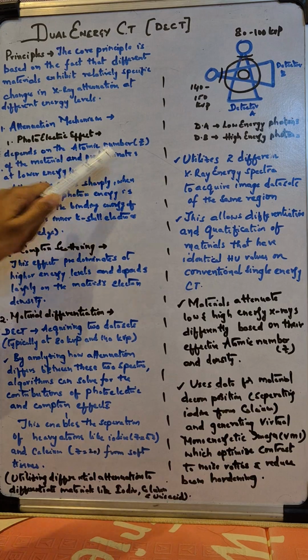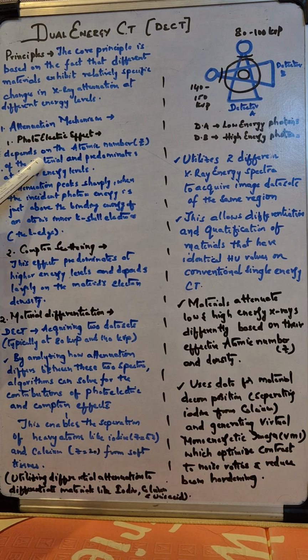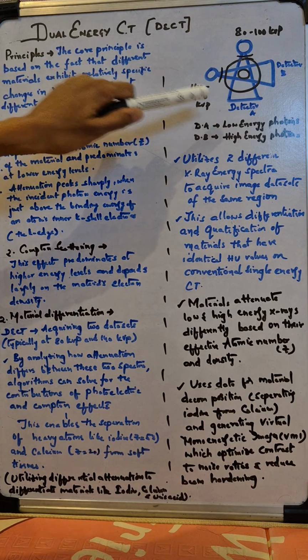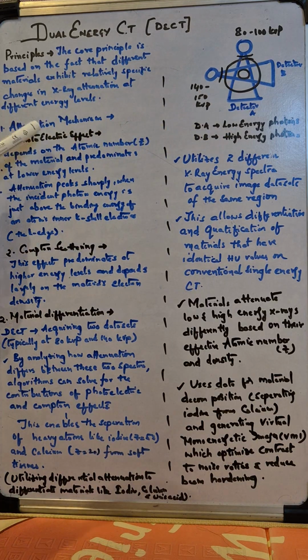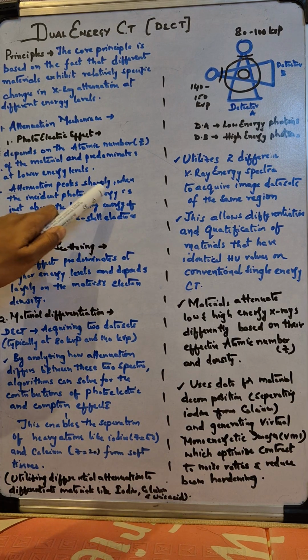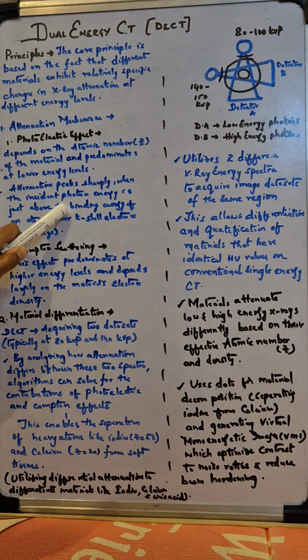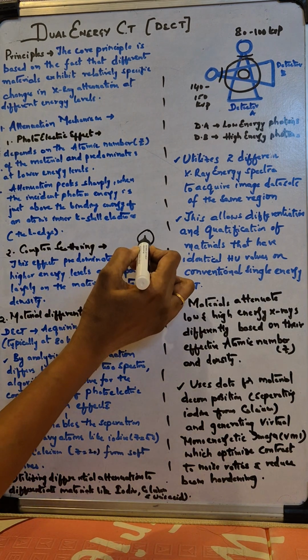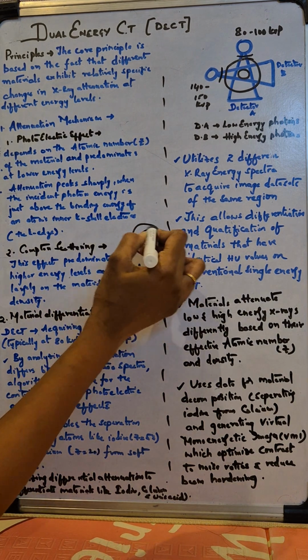The photoelectric effect depends on the atomic number of the material, and it predominates at low energy levels. Attenuation peaks sharply when the incident photon energy is just above the binding energy of an atom's inner K shell electrons. In an atom, this is the K shell.